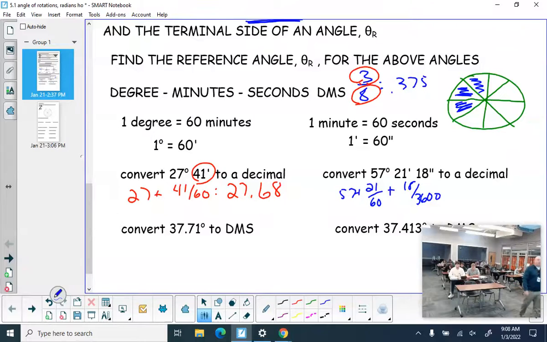So I have 57 plus 21 divided by 60 plus 18 divided by 3,600. And you can clickety clack that straight into the calculator like that. You don't have to do pieces parts of that.